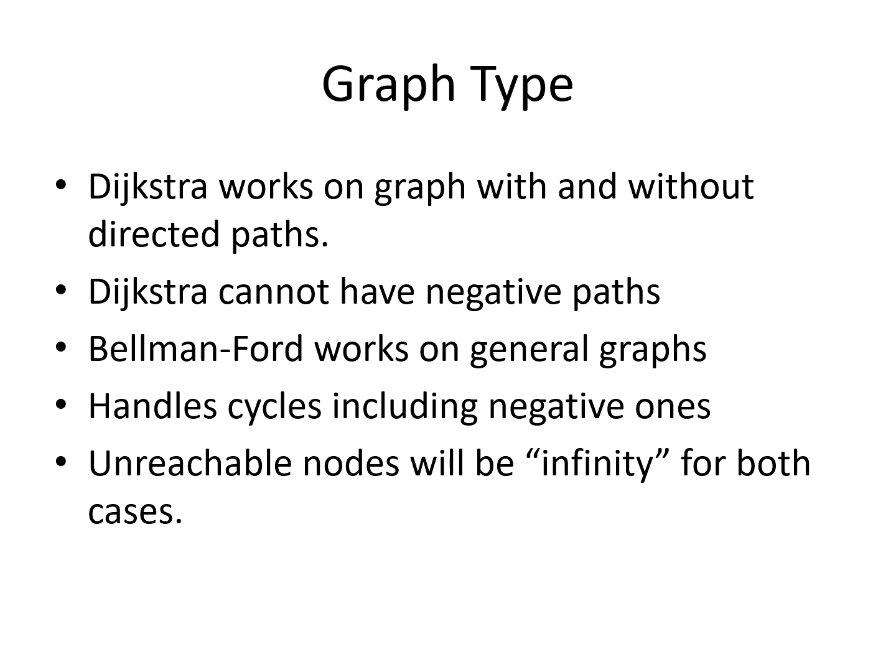As I mentioned before, Dijkstra cannot have negative weights, and Bellman-Ford only works on general graphs, not either or, but it can handle negative weights. It's a little more flexible in that sense. In both cases, unreachable nodes will be infinity. That's just how it's designed for each one.